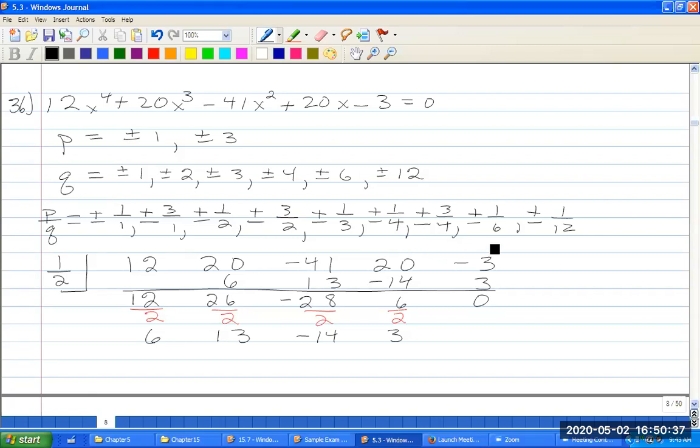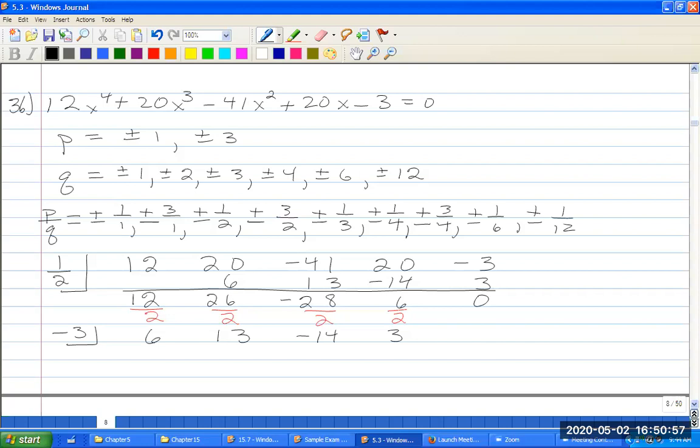So I can reduce the possibilities here. Let's try something big. Let's try negative 3. See if that works.